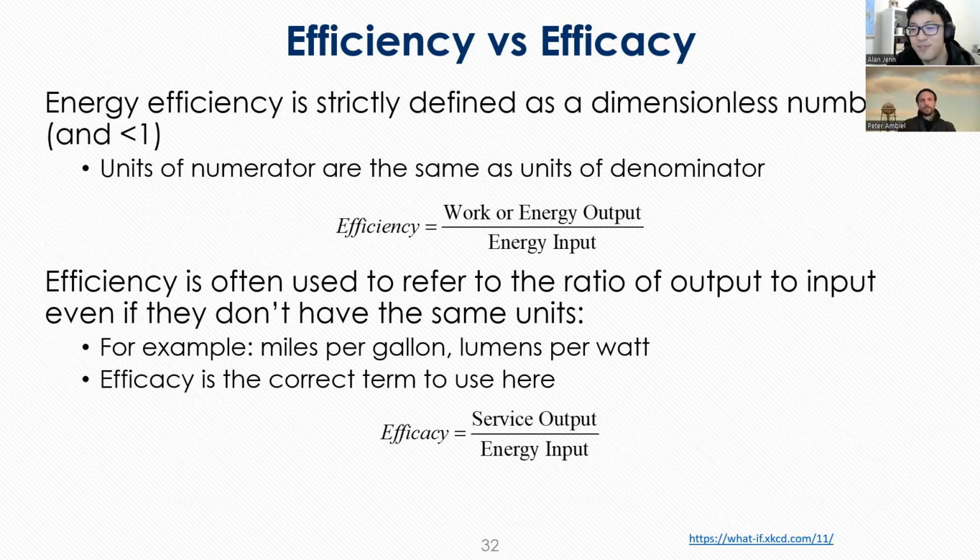And if I confine this to a more physics-based efficiency term, efficacy starts to become a little bit less intuitive. If anyone's heard of XKCD, they have interesting explanations of these things. For example, miles per gallon: miles is a unit of length, gallon is a unit of volume.